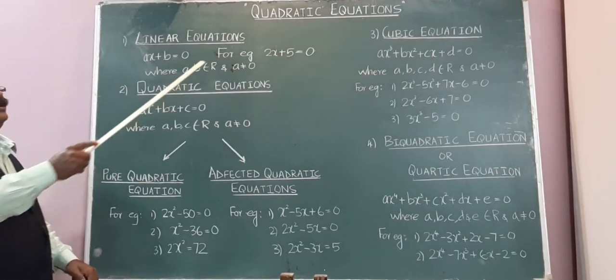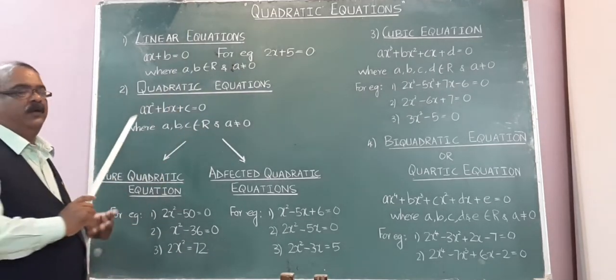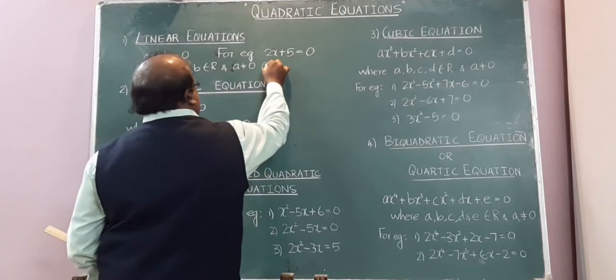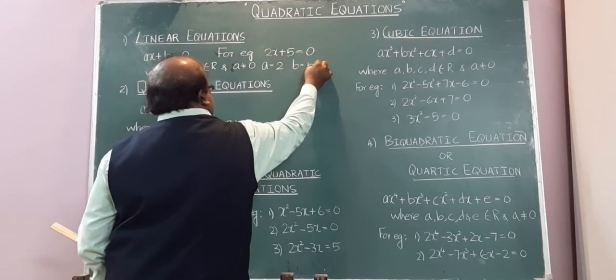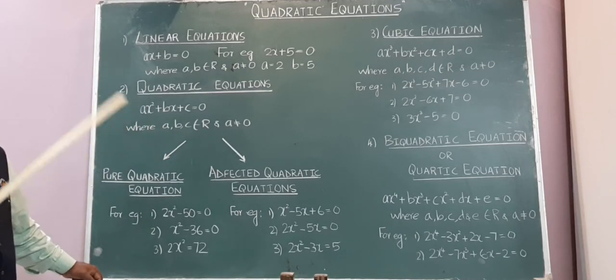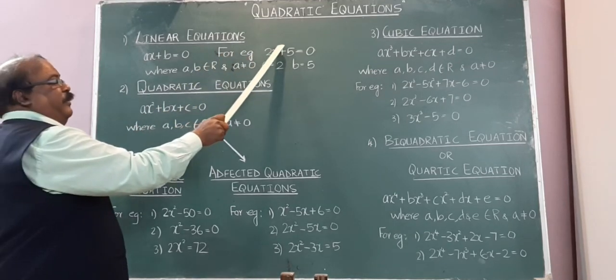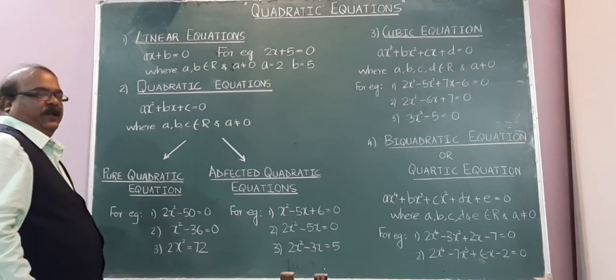For example, 2x plus 5 is equal to 0. What is a? 2. What is b? 5. In a linear equation, the highest power of the variable has to be 1. You can see the highest power of the variable is 1.